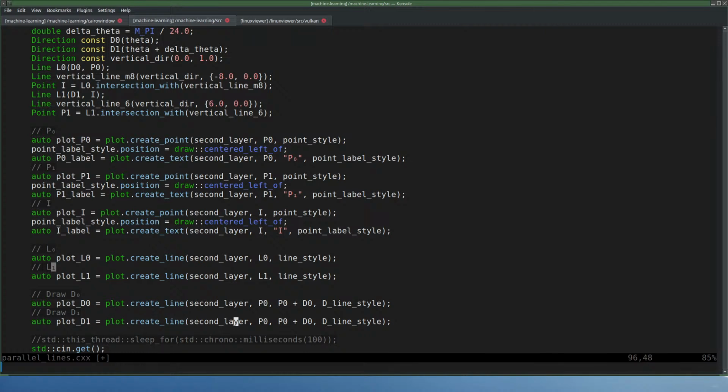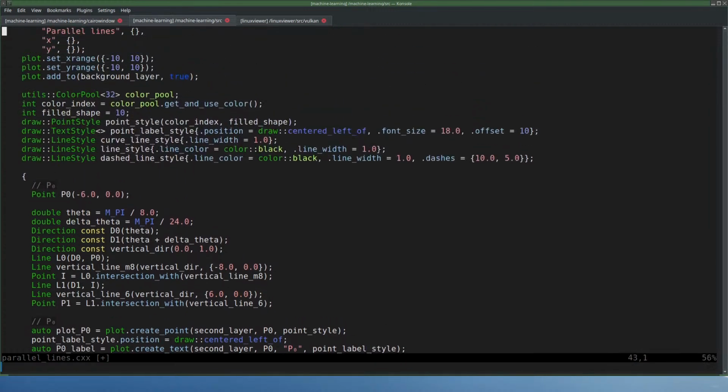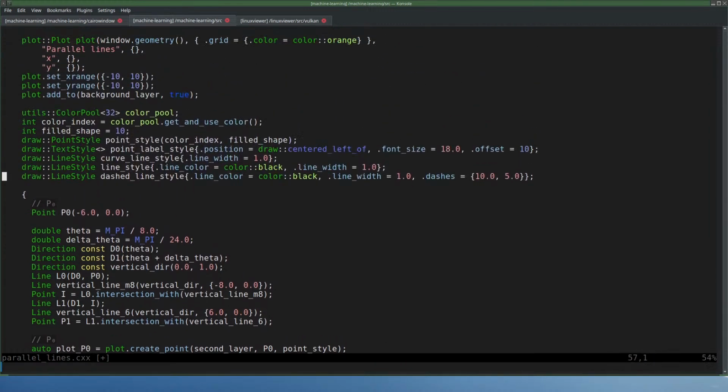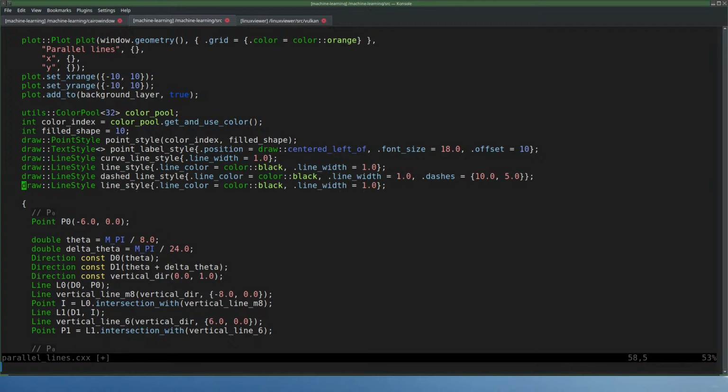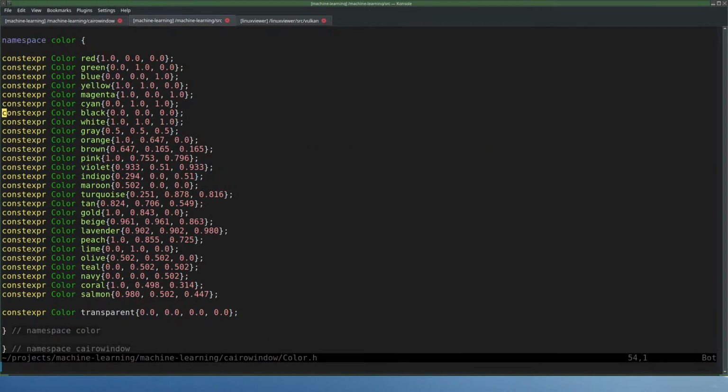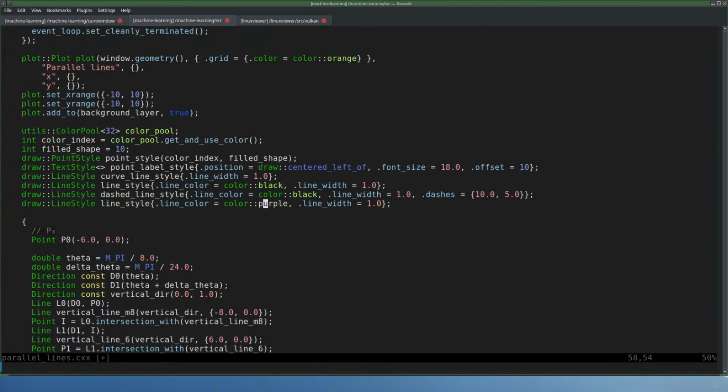And this one, it also starts in P0. So I need to make a line style. I don't have purple. Oh yeah, saw that before. I should add a purple here, but okay. I'll choose something else.